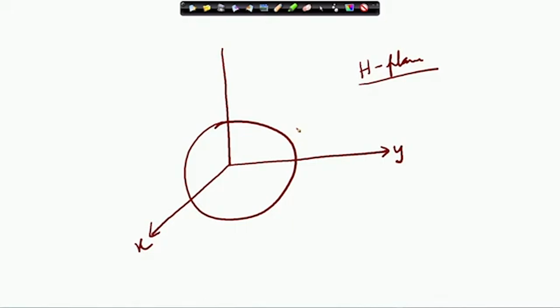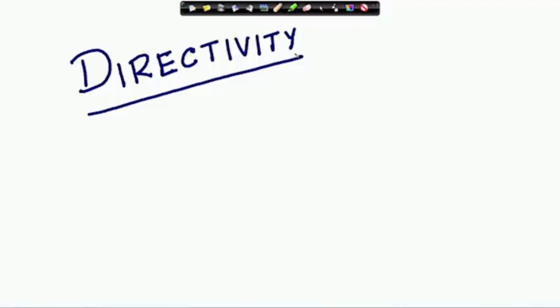The next concept, another very important parameter of antenna, is called directivity. All of you may have heard this. This is what we get visually from the radiation pattern, but we want to quantify how much power is flowing in each direction.